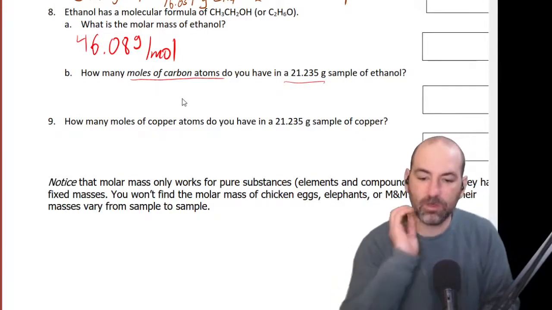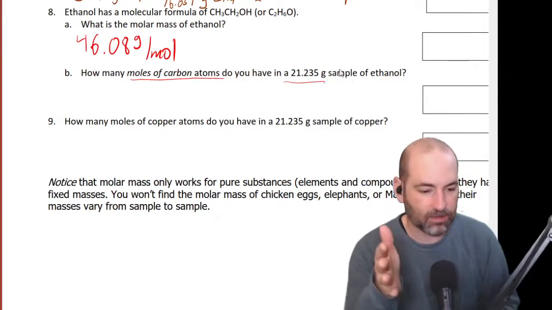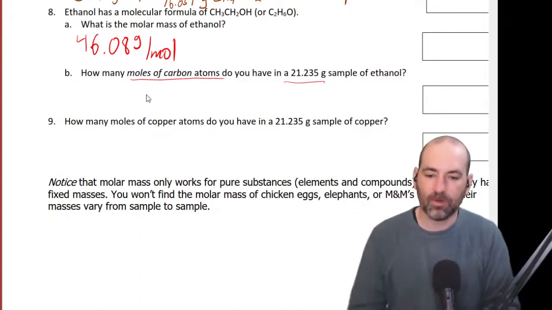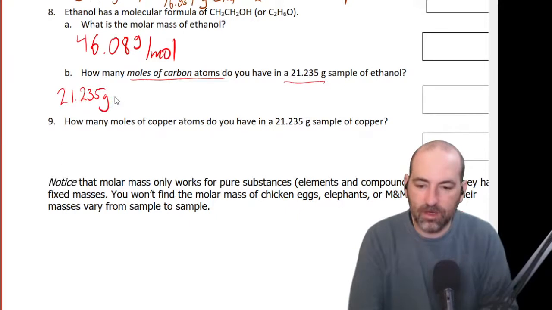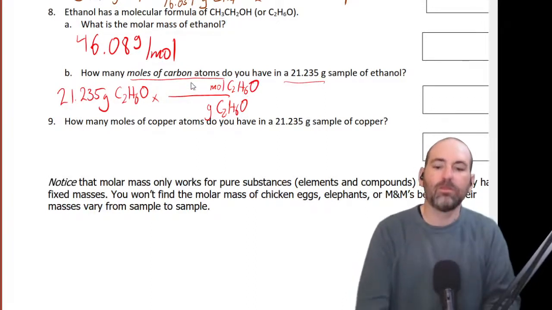How many moles of carbon atoms? To figure that out, we first need to know how many moles of ethanol molecules we have. Then we can talk about moles of just the atoms with another conversion. So we're going to go 21.235 grams of ethanol. And we're going to convert grams of ethanol to moles of ethanol using the molar mass.